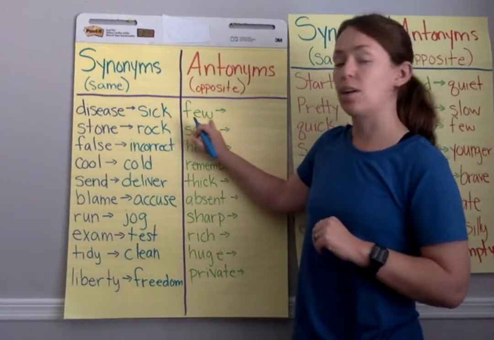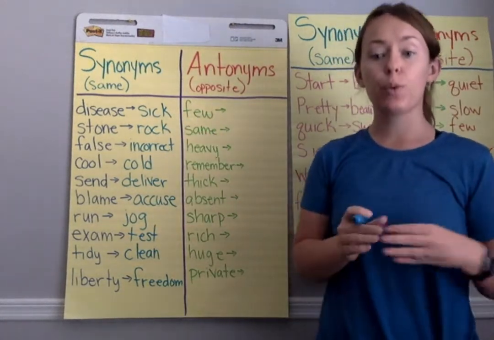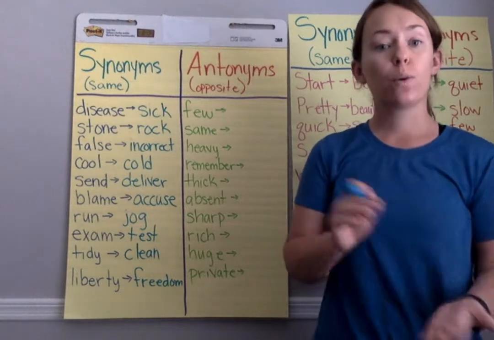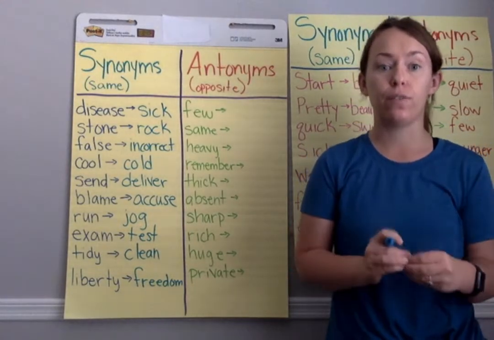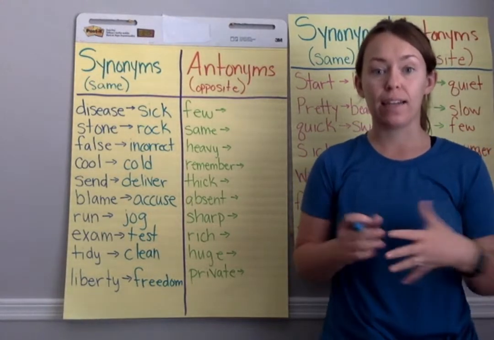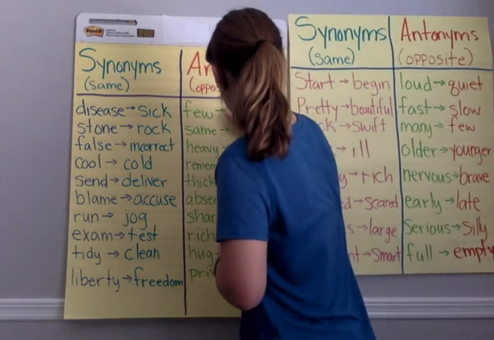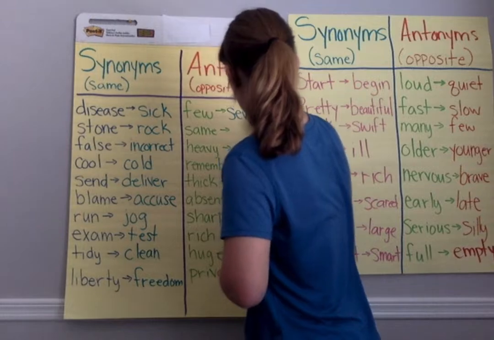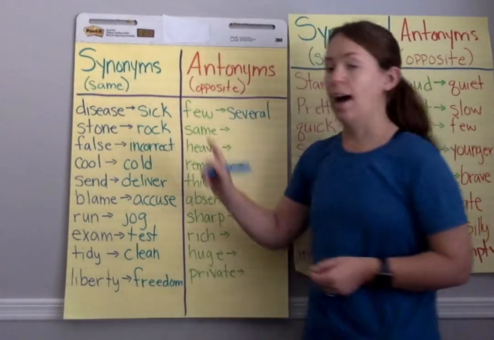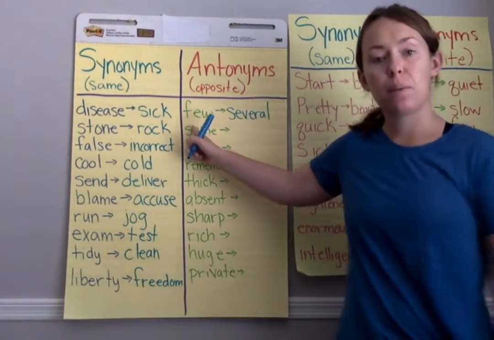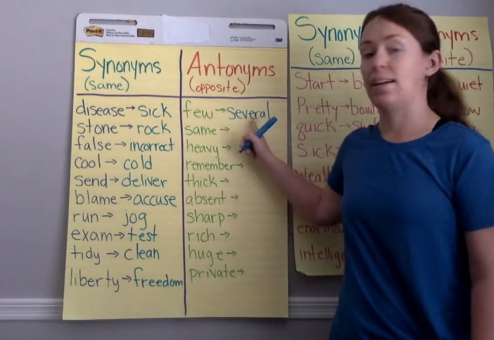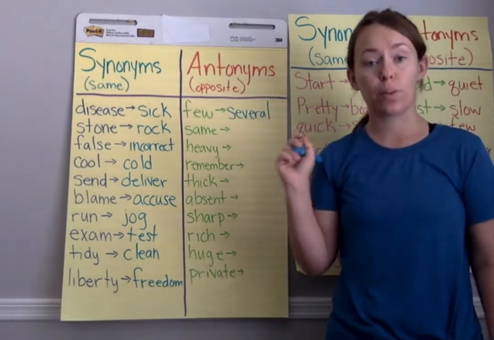So if I start by saying I have very few pencils in my pencil box, what's the opposite of having very few? Many. But for this case, we're going to use the word several. I have very few pencils in my pencil box. Jessica has several pencils in her pencil box.